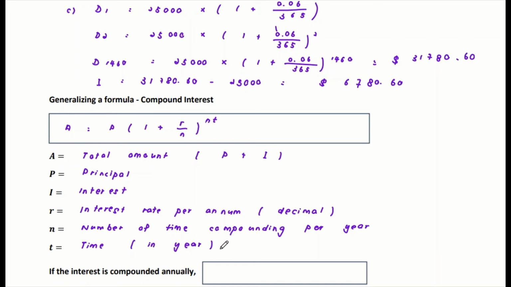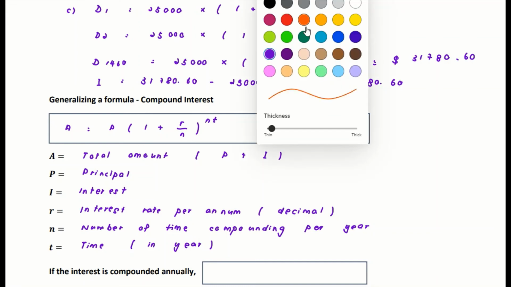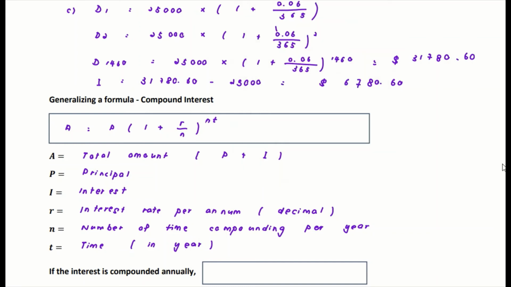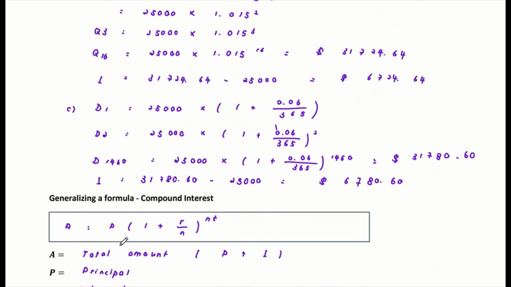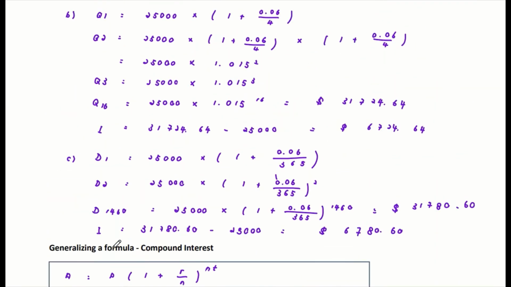Okay, so let me try to use this formula again by using our previous example so that you understand it's actually not very hard. Okay, so again, look at this example. Now, without doing all this, we can straight away get to this answer, because this one is for your understanding. If you want to get the total amount of value after 4 years, then you will take the principal, which is 25000.